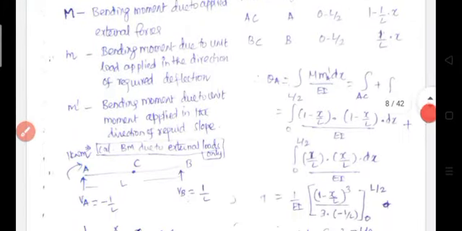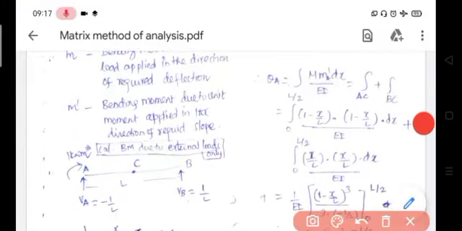First, calculate the bending moment due to external loads only. The external load acting on the simply supported beam will be 1 kilonewton meter. This is applied for determining the first column of the flexibility matrix.